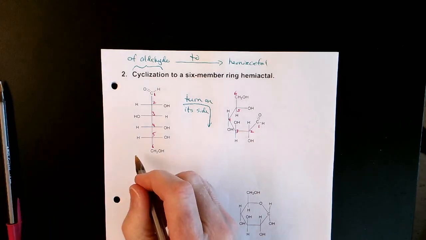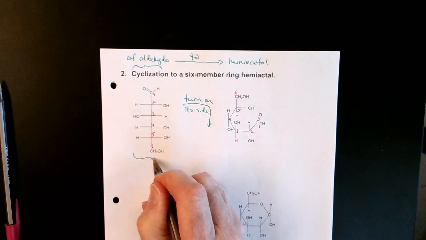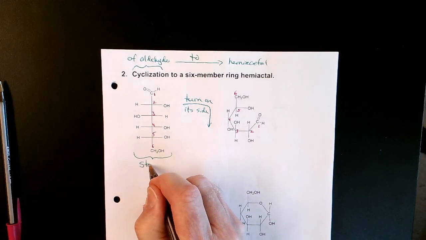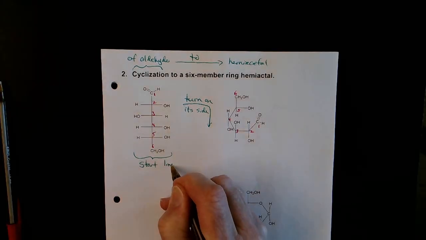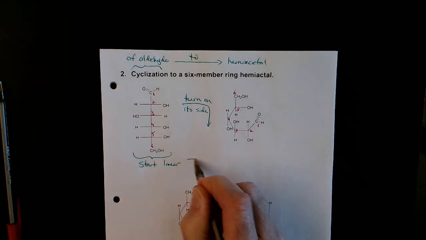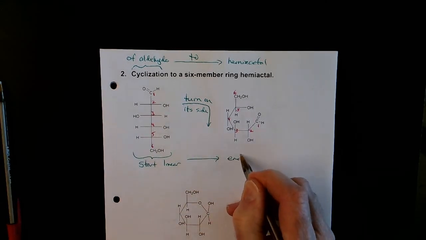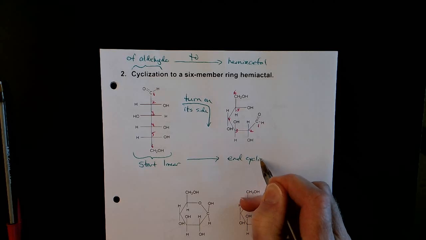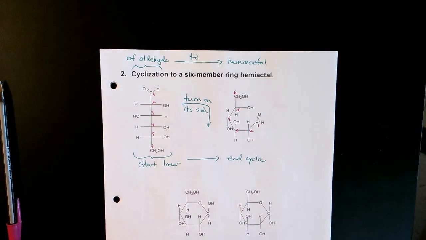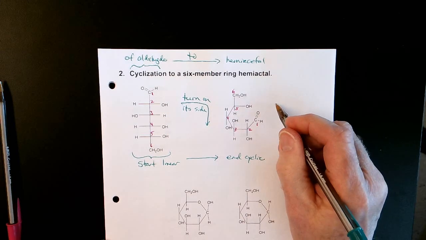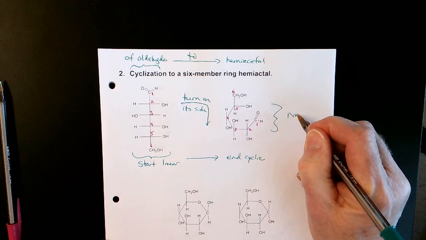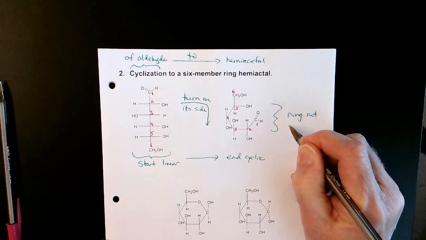Okay, so what you're doing here in this process is start linear and end cyclic. Although in this case, your ring is not quite closed.